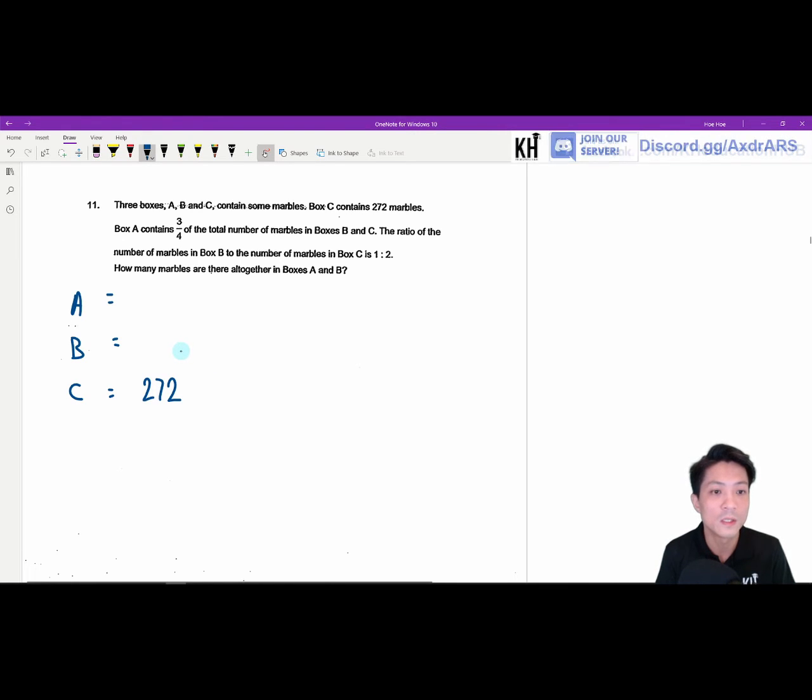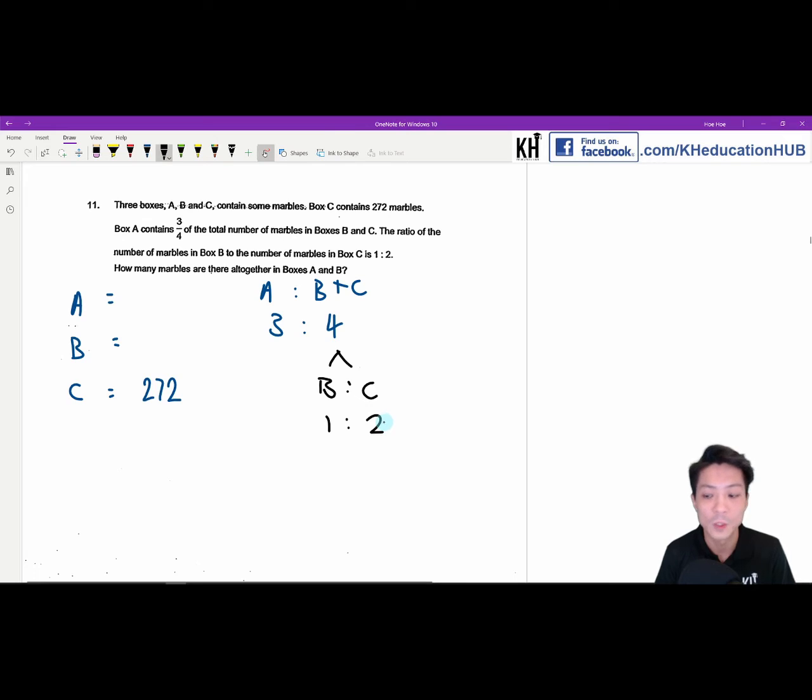Box A contains 3/4 of the total number of marbles in B and C. So which means that A is to B plus C will be 3:4. Okay, the ratio of the number of marbles in B to the number of marbles in C is 1:2. So over here, I can break it down into B:C. It's 1:2.